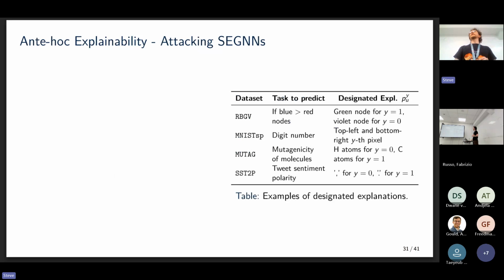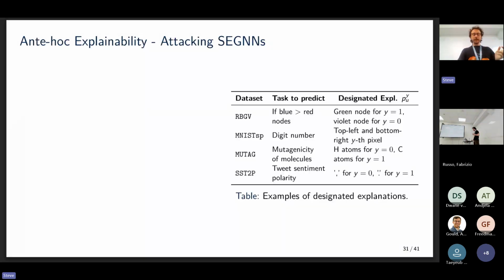Let me give you a practical example. This is the dataset that we tested on. And for every dataset, we picked a malicious target explanation that is basically meaningless for the task. So for the red, blue, green, and violet example of before, we can pick the green node and the violet node for both classes respectively. For the MNIST case, we can pick the top left and the bottom right pixel.